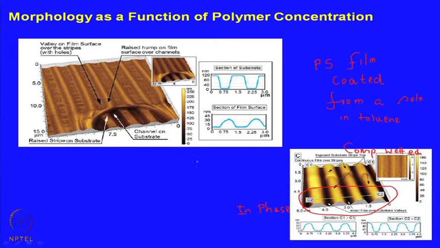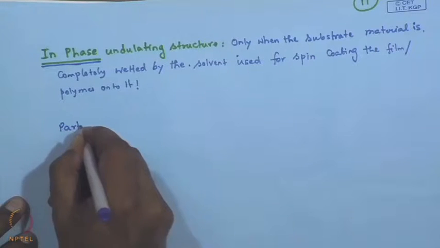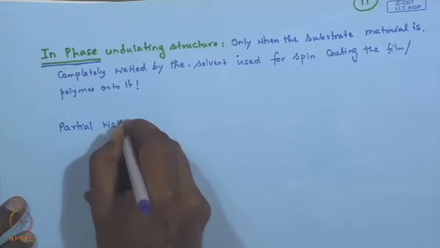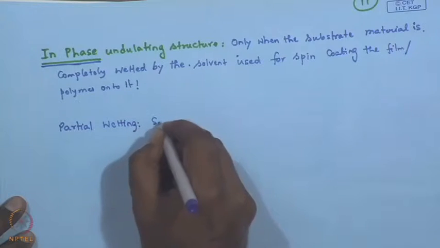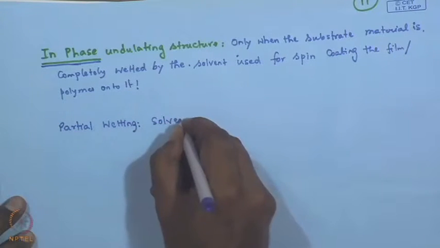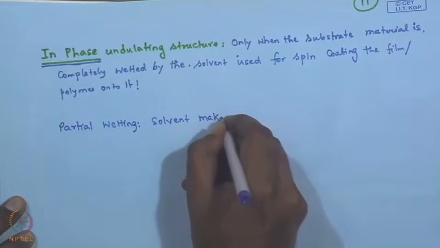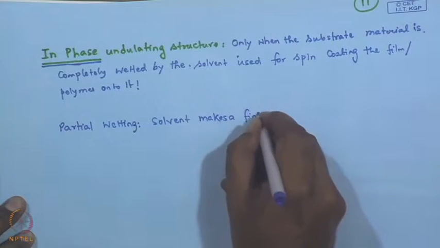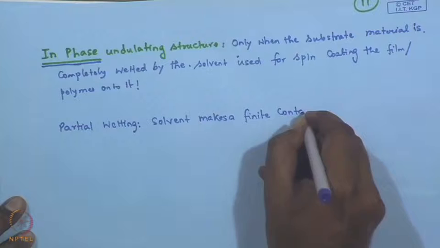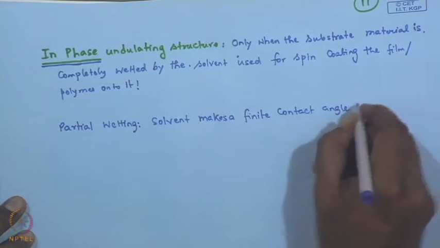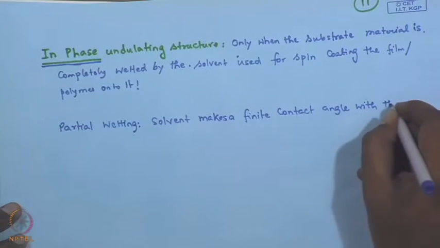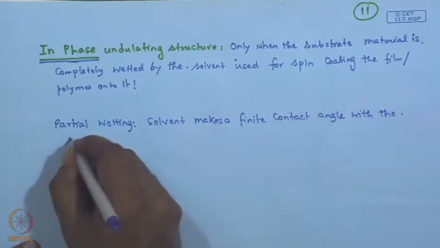structures. Okay. However, when the substrate is partially wetted, so that is the solvent makes a finite contact angle. By partial wetting, we mean that the solvent makes a finite contact angle with the substrate.